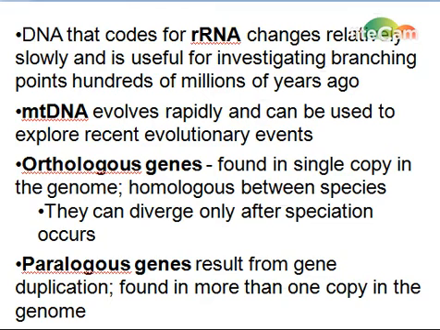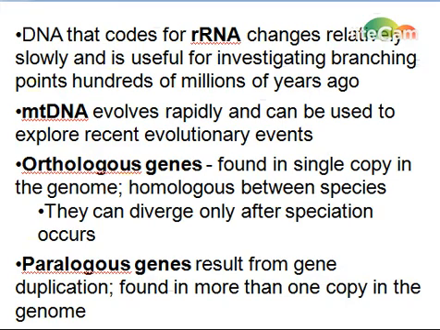So again, I want to emphasize the point that the different types of DNA or nucleotide material are helpful for different reasons. The DNA that codes for ribosomal RNA changes very slowly and is useful when investigating branching points that were hundreds of millions of years ago, whereas mitochondrial DNA evolves very rapidly, and so that makes it useful to explore more recent evolutionary events.